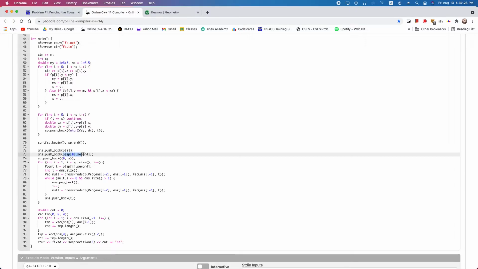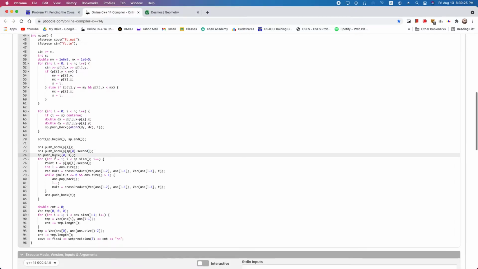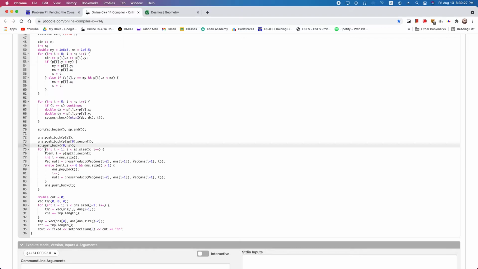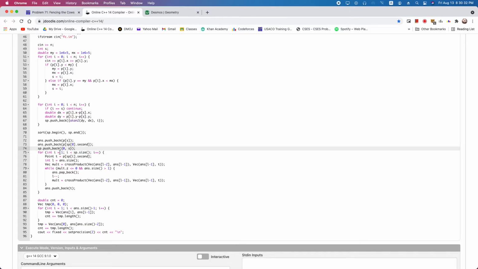So we will push this point as well. And here we will just loop through all of our sorted points. At the end, I also pushed back our origin point, because we want to go all the way around and back to the starting point to wrap around the whole thing.